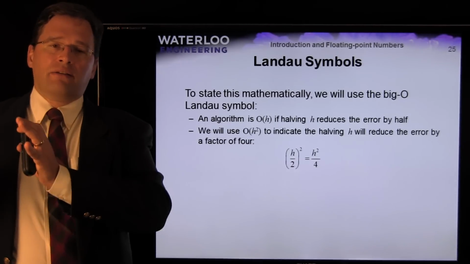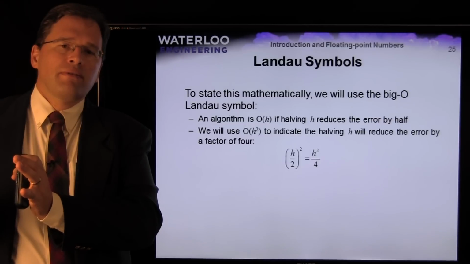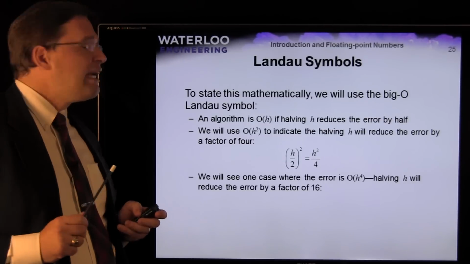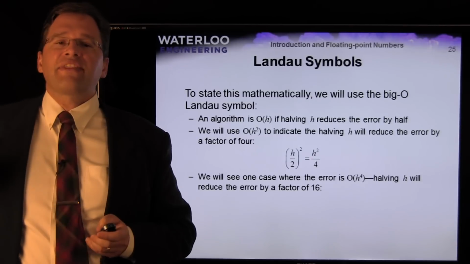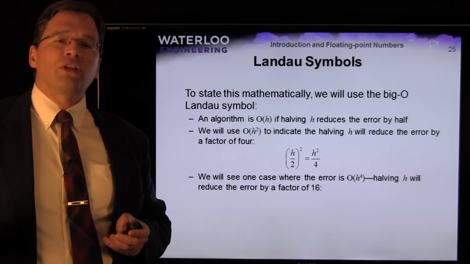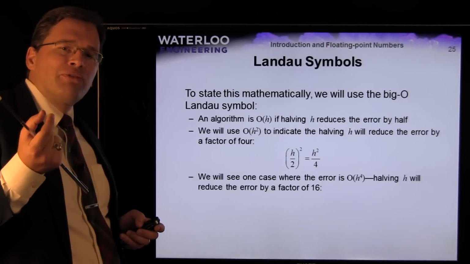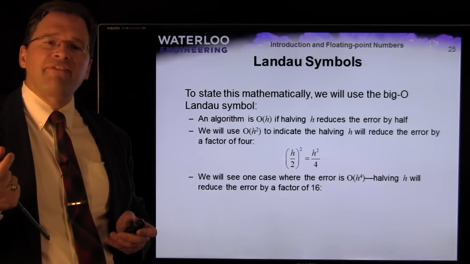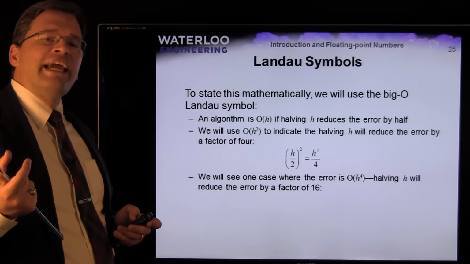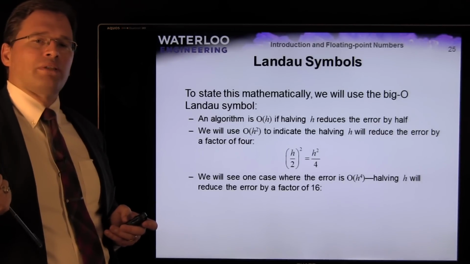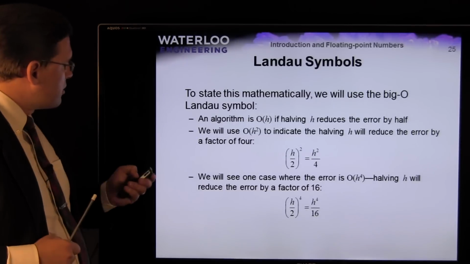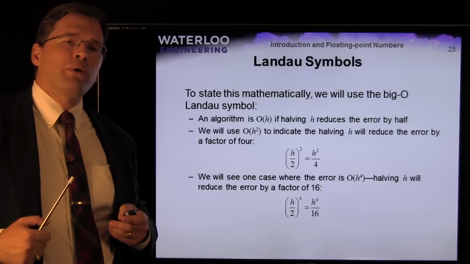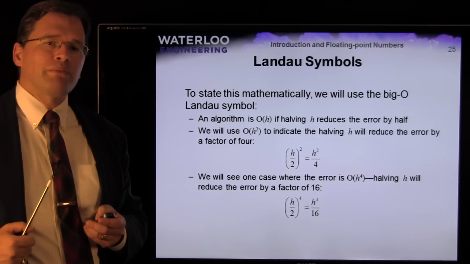Reducing h by a factor of 10 reduces the error by a factor of 100. In one case, we're going to see that the error depends on h to the fourth. Halving h reduces the error by a factor of 16. Reducing h by a factor of 10 reduces the error by a factor of 10,000. So again, it's a useful mechanism for describing how quickly various algorithms converge.